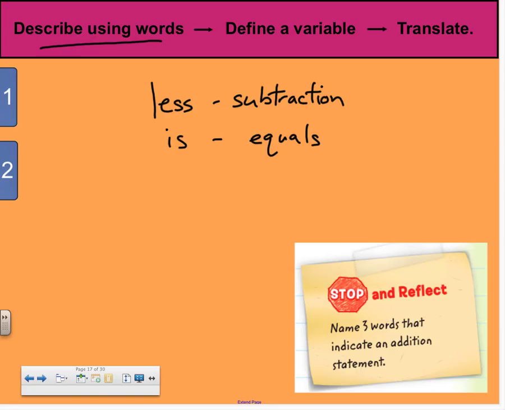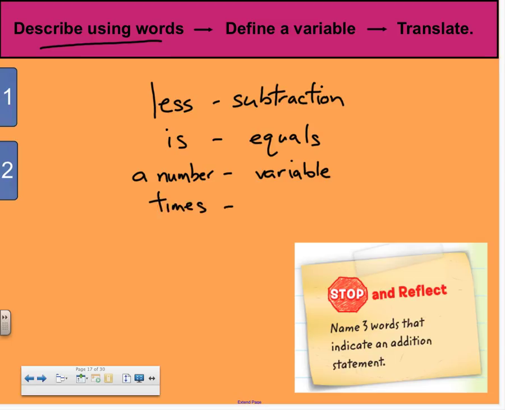Now, what about a number? They said a number. What do you think we're going to represent that by? A variable. Very good. So when we're not sure what the number is, we're going to represent that with a variable. And then they said 3 times a number.